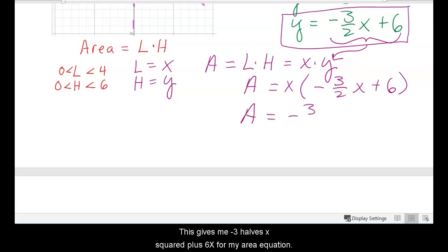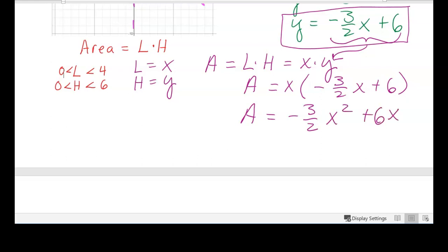This gives me negative 3/2 x squared plus 6x for my area equation. In order to find where I have maximum area, I need to take the first derivative, find the critical values, then take the second derivative, determine if I have a maximum or minimum at the critical values, find the maximum, and let that be my answer.